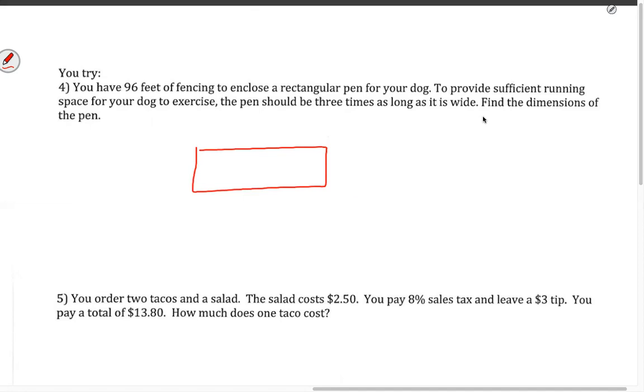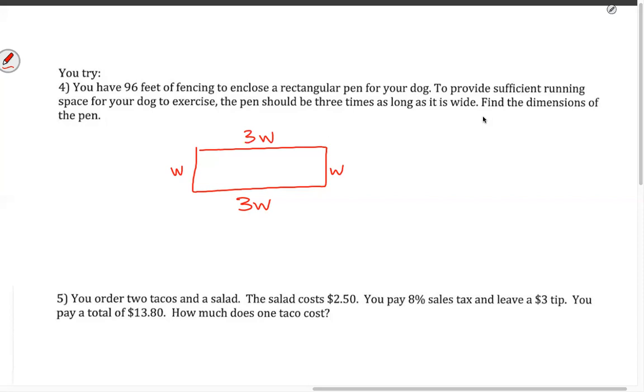Now, it says in here that for the space for the dog to exercise, the pen should be 3 times as long as it is wide. So if this is the width, this is going to be 3 times the width.